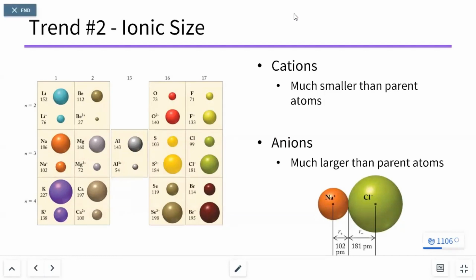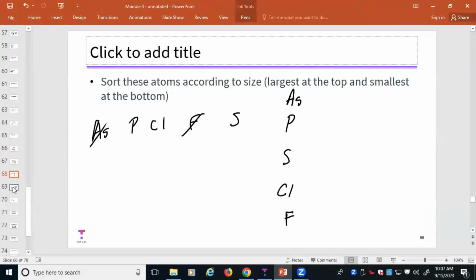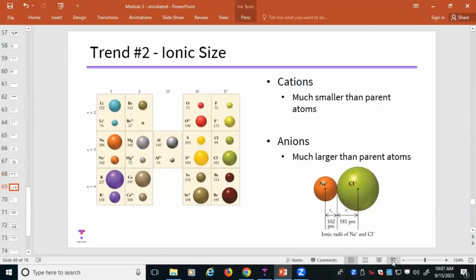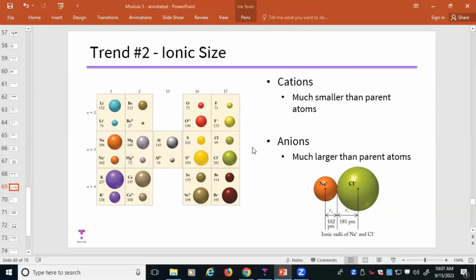The first thing that we would want to notice is that cations are smaller than the atoms that they came from. By taking away those electrons, we see that the ion that forms is indeed smaller than the atom that it came from.